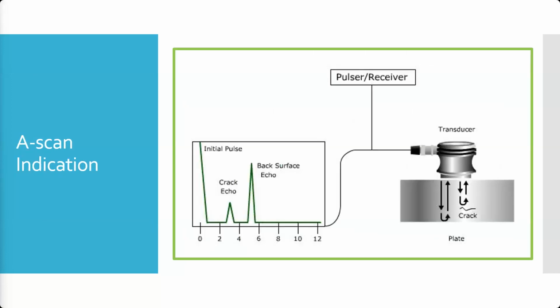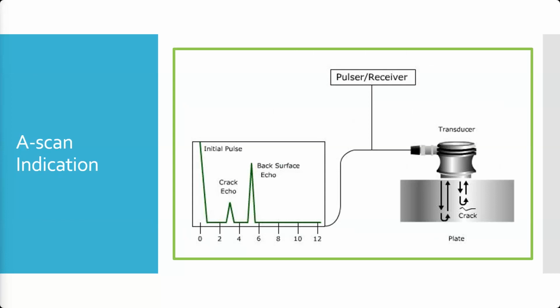Here is that A scan, as I mentioned. Probe intensity or sound intensity, amplitude, is on the y-axis. And then the distance, which is time times the speed of sound in the material, is shown across the x-axis. And so what you're getting here is with this transducer, the initial pulse right here is where that sound is first entering, and you get an echo right off that surface.